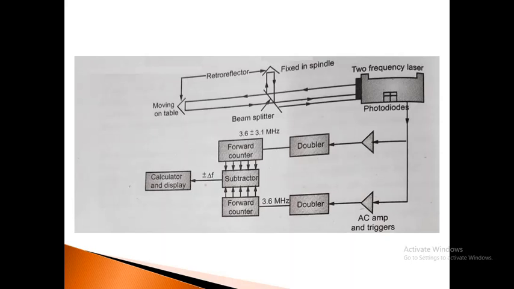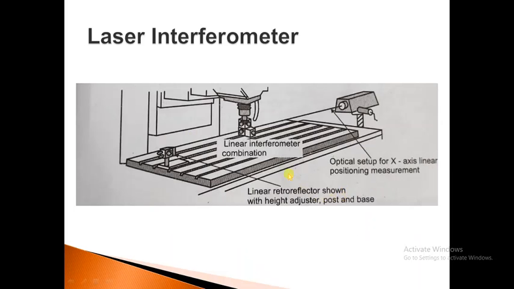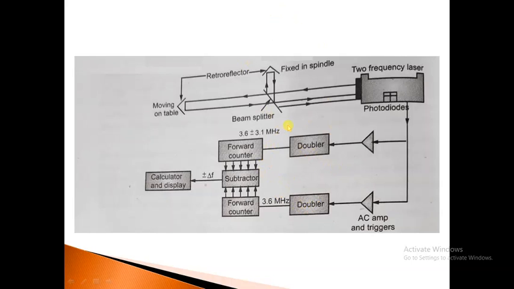The interferometer is used for calibrating x-axis linear displacement, and the horizontal straightness is first recorded in a series of say 0.1 movements. Here is the schematic of a laser interferometer: this is the spindle, this is the movement of the table, these are the photodiodes, and here further the Doppler, and the calculator and display.